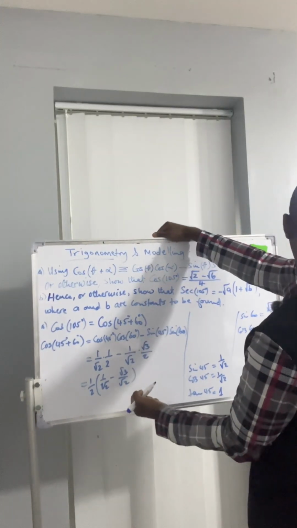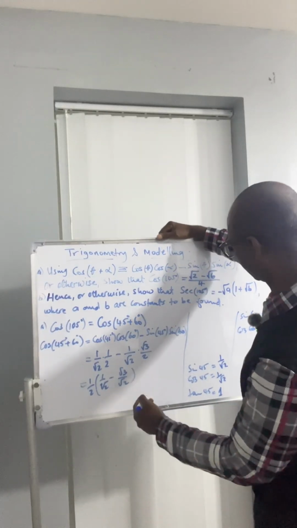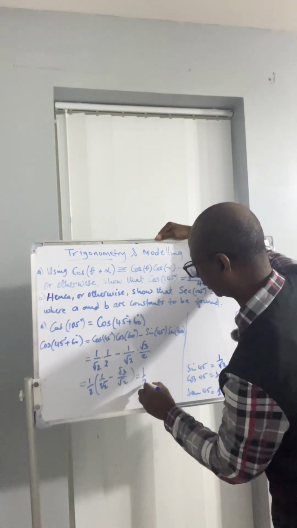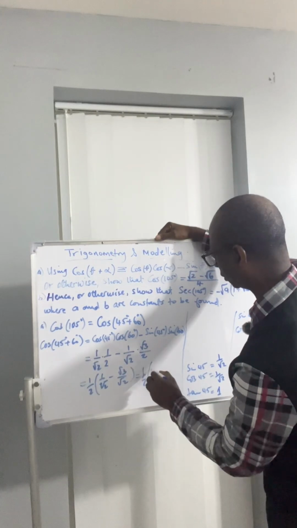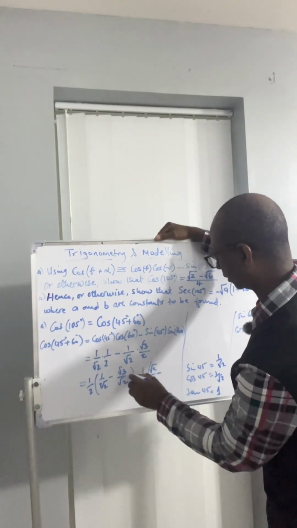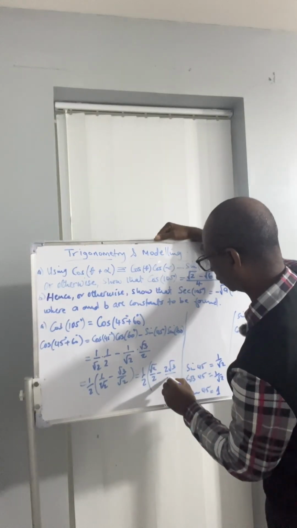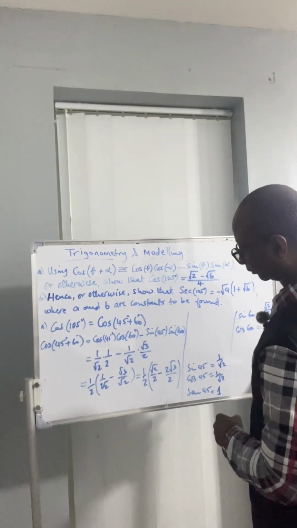When you have a surd in the denominator, you always rationalize. So how do you rationalize that one? You still have our 1/2 here, in brackets. Now this one will become root 2 all over 2 minus root 3 times root 2 all over 2. After you finish rationalizing, this is what you get.